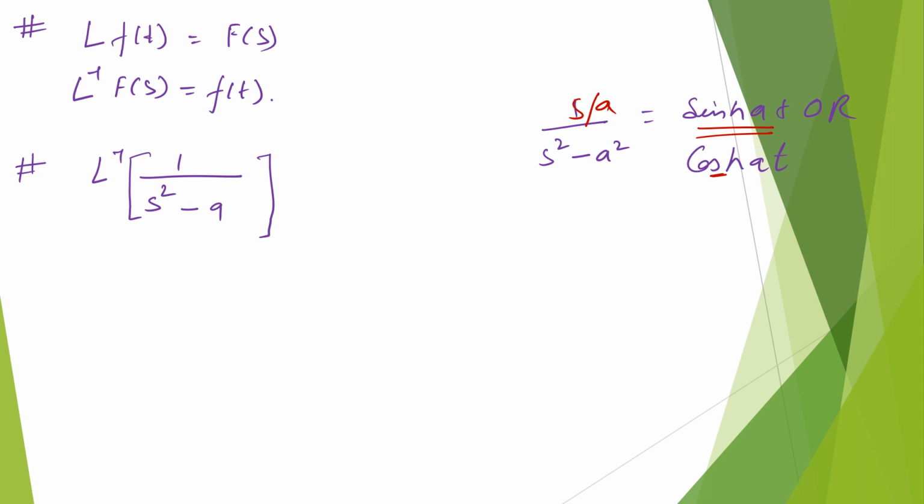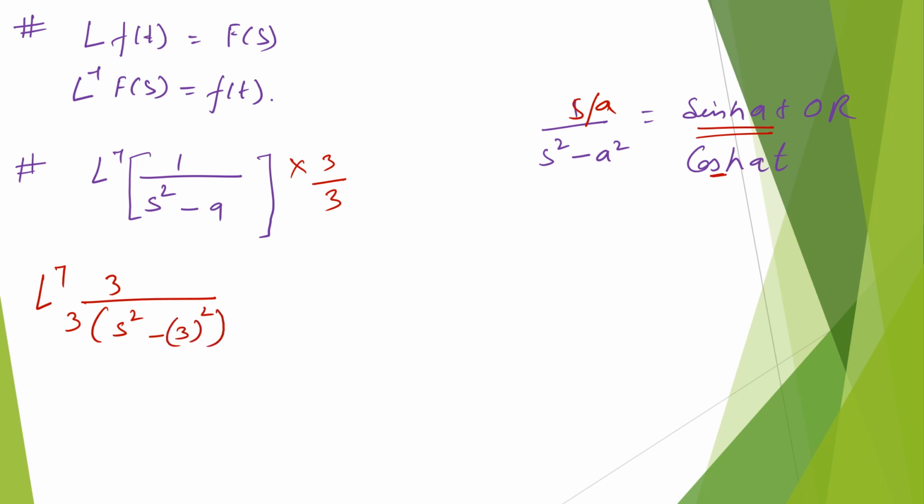So over here what we do is multiply by 3 and divide by 3, because this will be converted into 1 over 3 and 1 by 3 into s square minus 3 whole square.